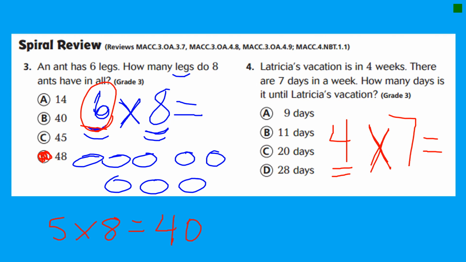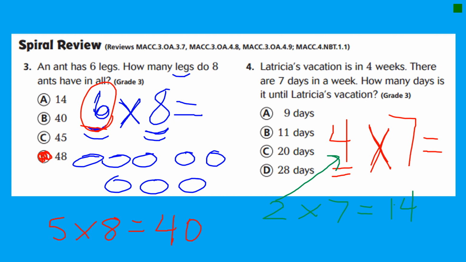How do you do this one, boys and girls? 4 times 7. Well, you could just memorize it. Always a choice. Another way is, do you know what 2 times 7 is? I know 2 times 7 because I'm good at my 2's. 2 times 7 is 14. So what I know is that 4 is the double of 2.